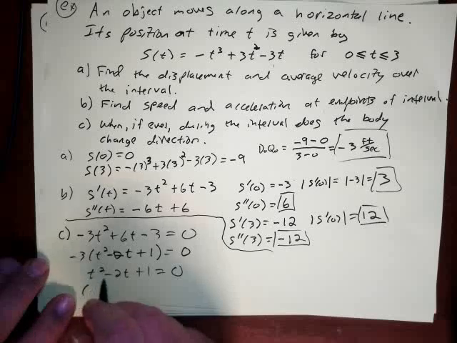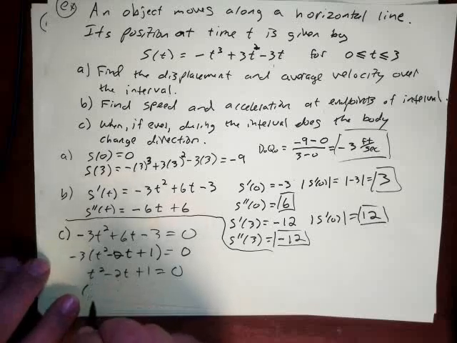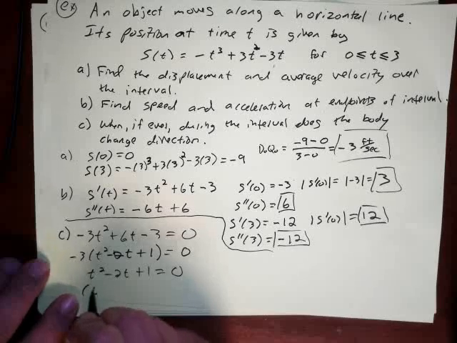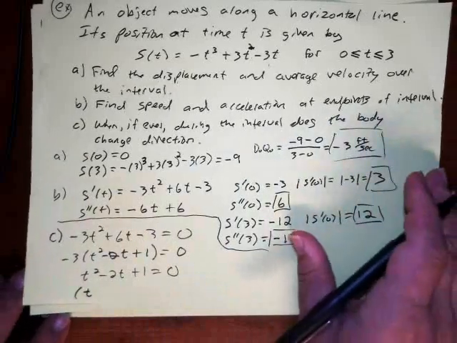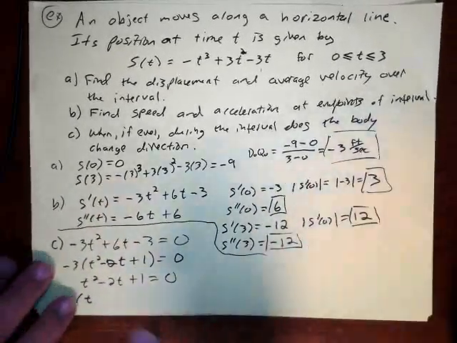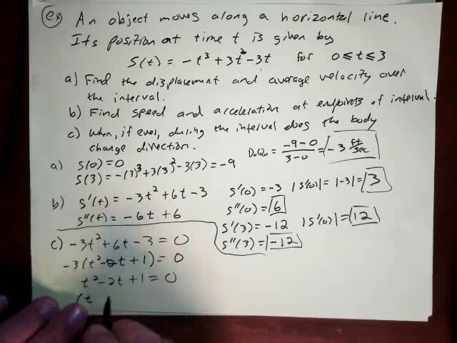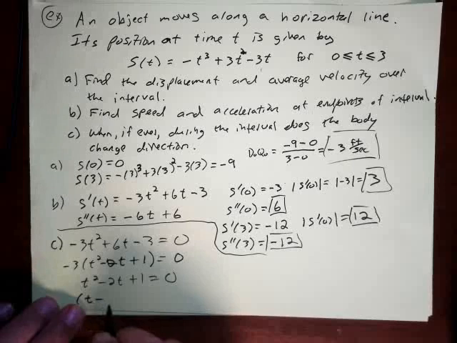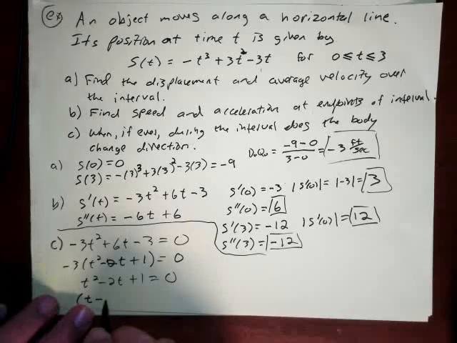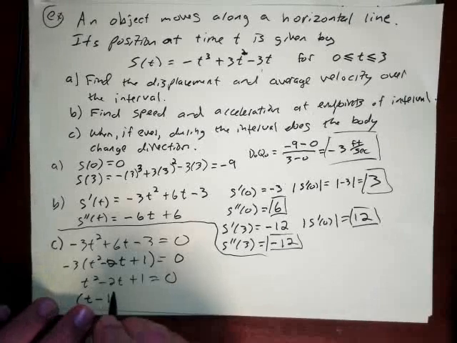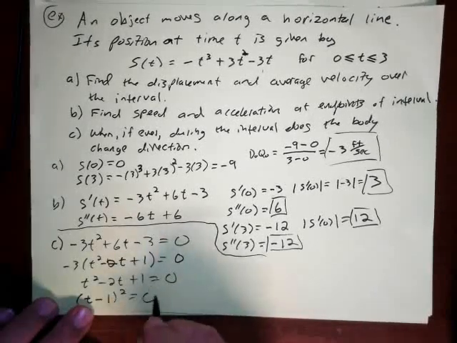So it'll be, actually, t, except that is not what I was hoping for, but I do think this factors into t minus 1 squared is equal to 0.